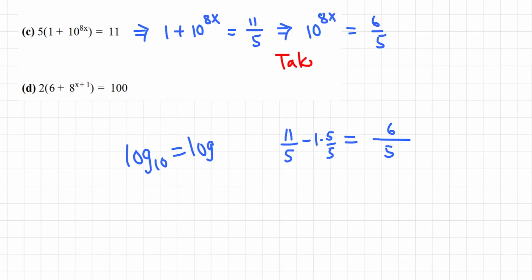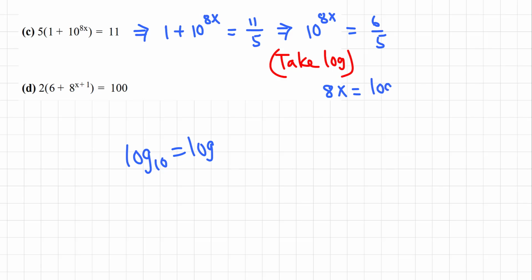So take log of both sides. Then log 10 is 1, so only 8x survives, equals log of 6 over 5.